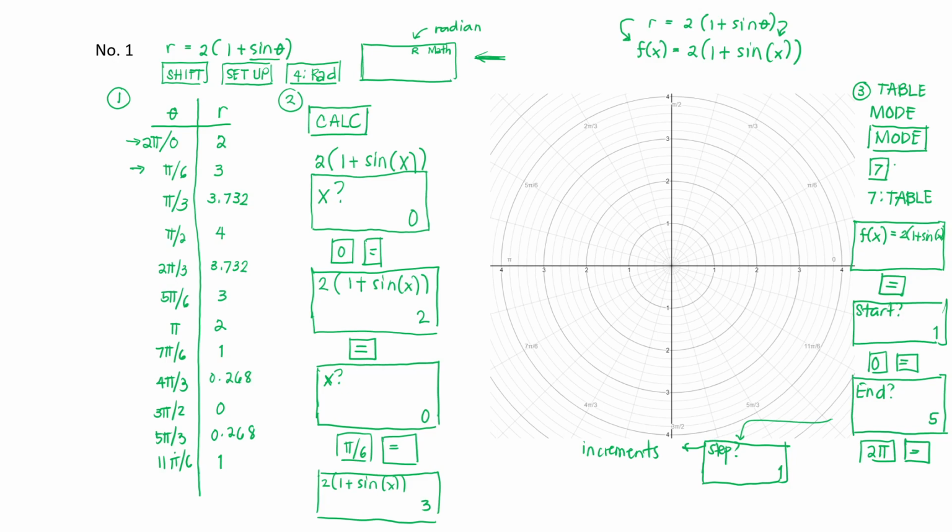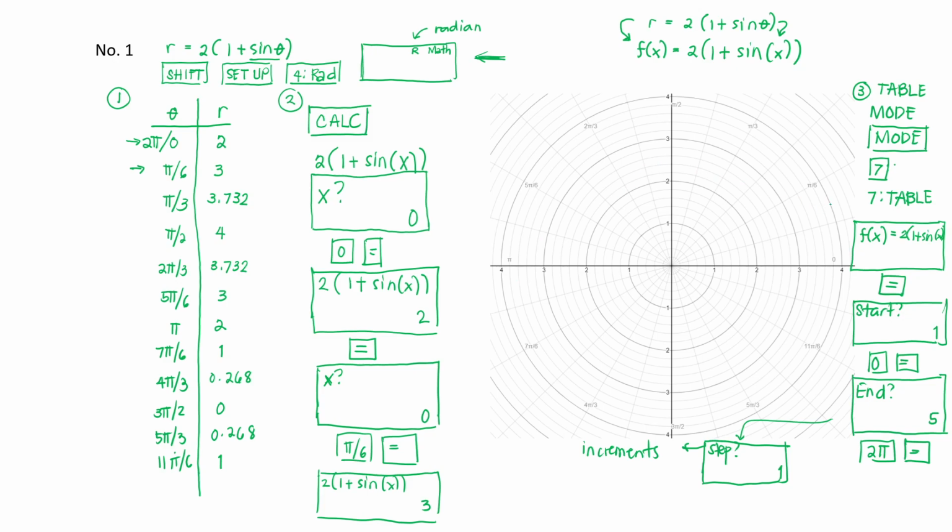You will only have 5 values, right? Your increments are by 90 degrees from 0 going towards 360 degrees. That is what we mean by step.